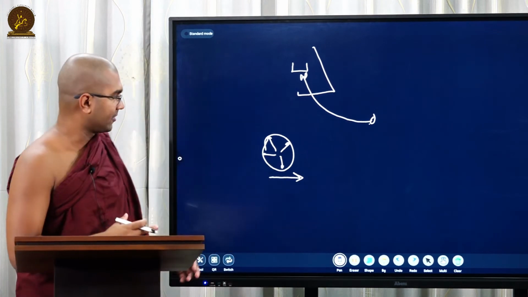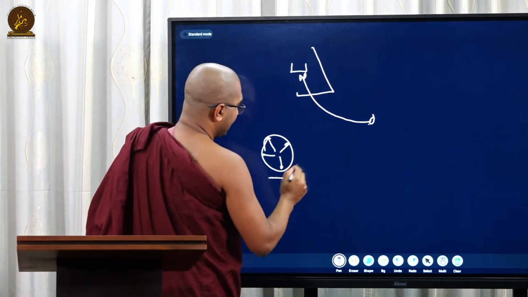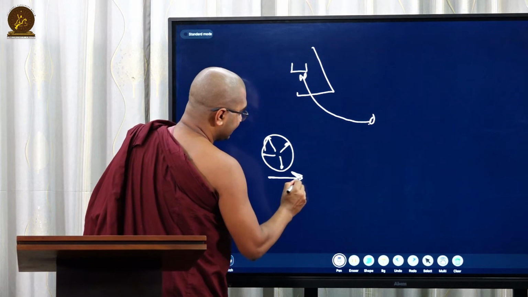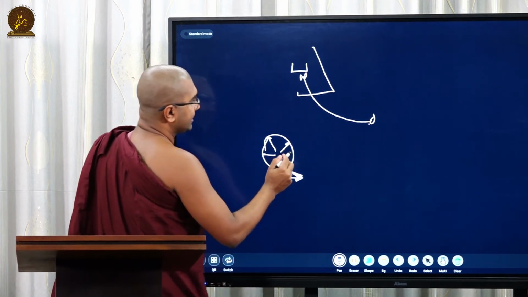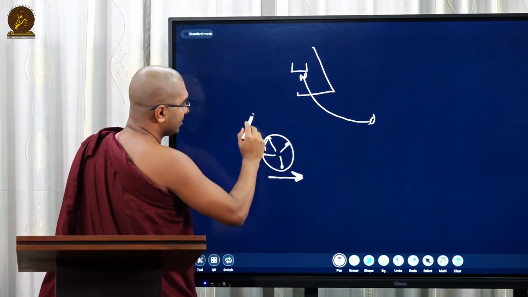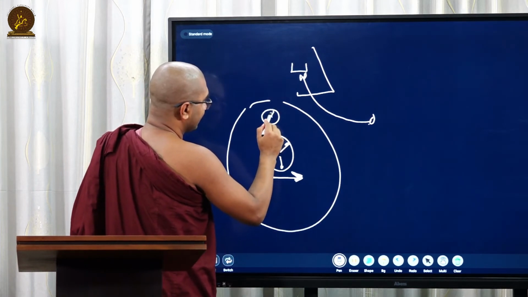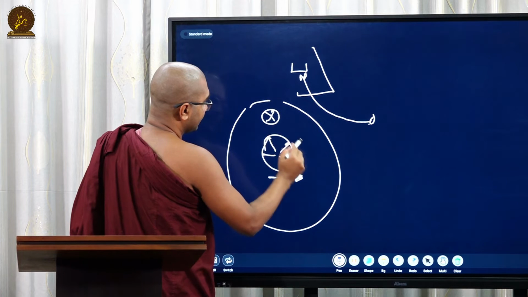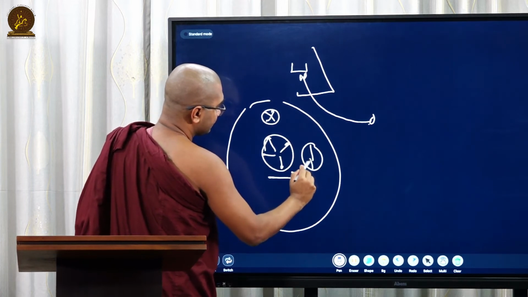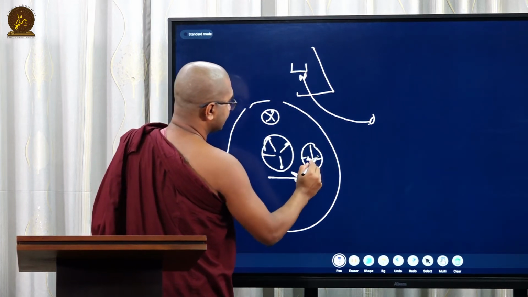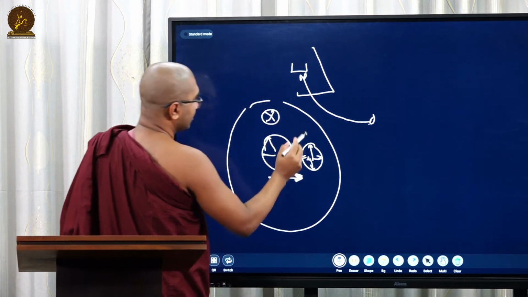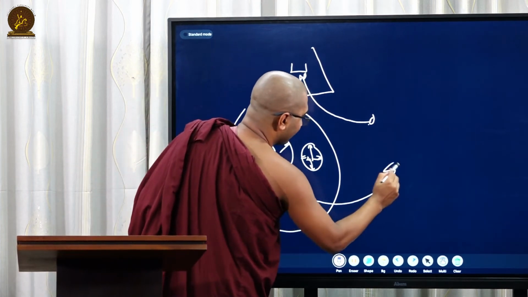Then the next point is, as a group, as a body of air, a lot of particles which contain Vayu, they move here.